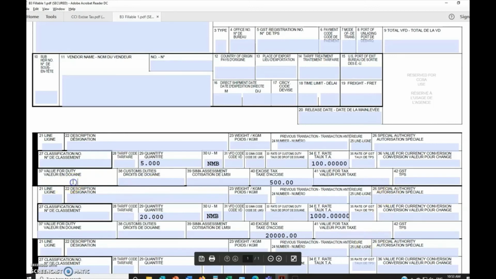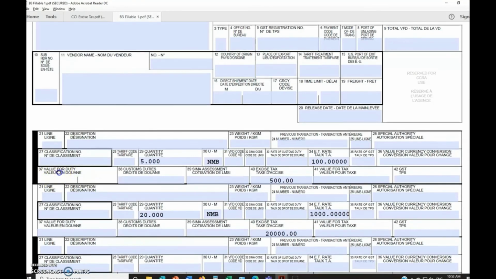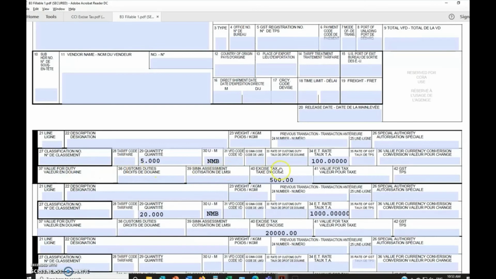Now, when you do the GST, you have to add together the value for duty, the customs duties, and the excise tax together to get the value for tax. Okay, so the value for tax, field 41, is field 40, field 38, and field 37 added together. And then we multiply the 5% times the value for tax to get the GST, because we have to pay GST on the excise tax as well.